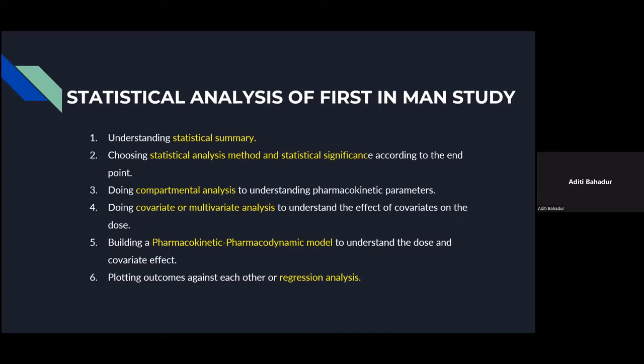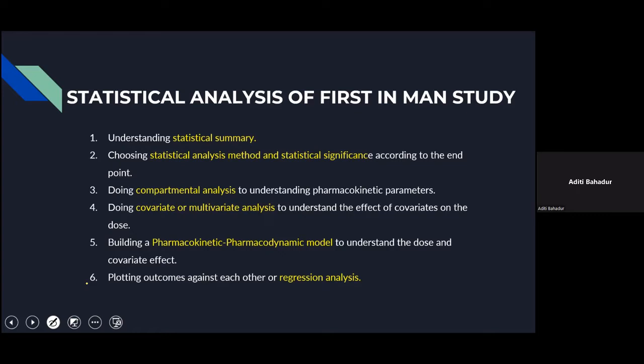Then we choose the statistical analysis method according to the endpoint. In the last episode, I had mentioned endpoints and how different kinds of endpoints can determine the statistical method.